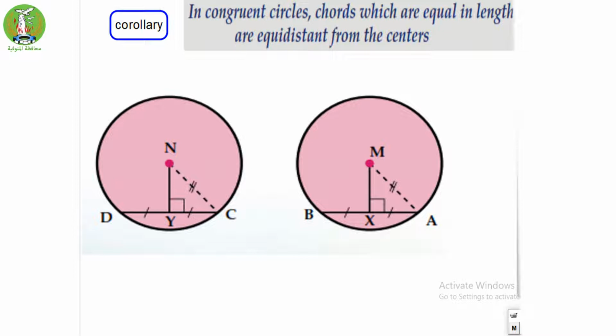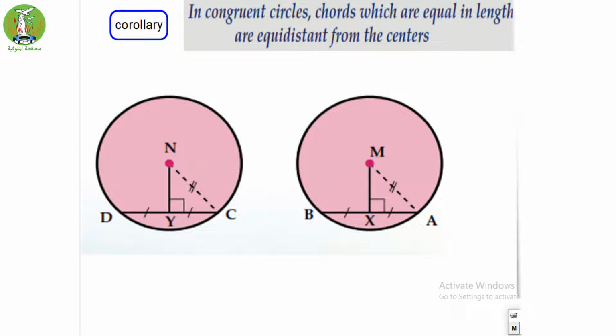Corollary: in congruent circles, chords which are equal in length are equidistant from the centers. We can say that if AB equals CD in the two congruent circles M and N, then MX equals NY.